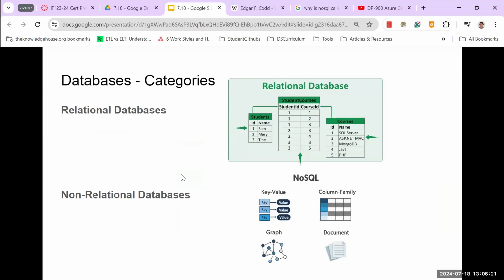All right, so now that we understand what the core components of a database are, let's talk about two broad categories of databases. The type of database that you all learned about, relational databases, that's when we have relations or tables and they're connected with a variety of relationships. And then we have non-relational databases.